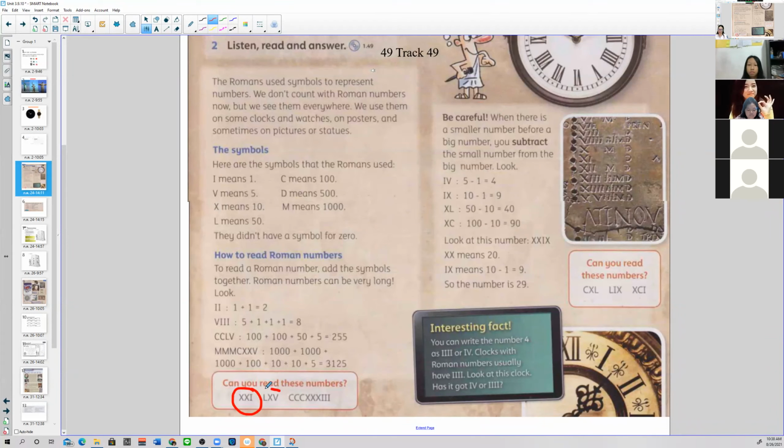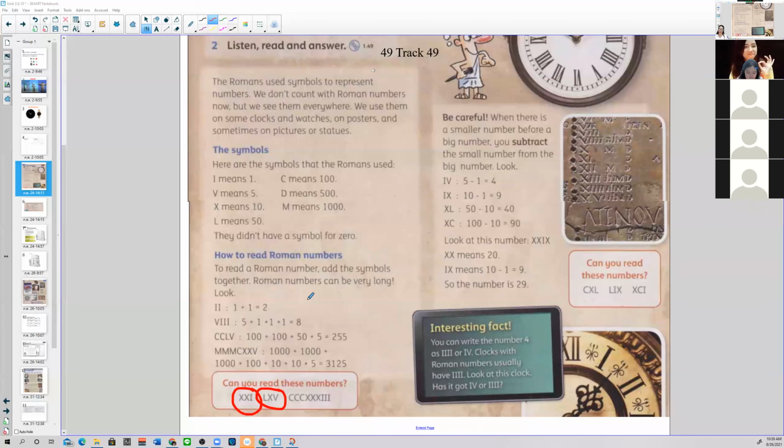What about LXV? L equals 50. 65. Yes, 65. How about CCC, XXX, III? 333. Yes, 333. Good. But Roman number is not just about adding numbers, okay?